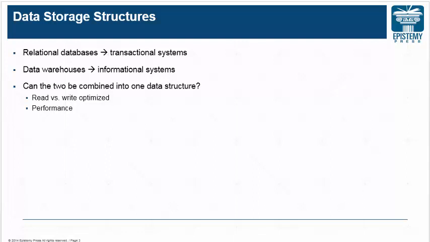Okay, so the relational database is a transactional system, meaning it supports the daily business transactions. Like what? Like buying products, like selling to customers, like manufacturing, like managing human resources. An employee does not appear today, so it is reported in the system either as a sick leave or absence.